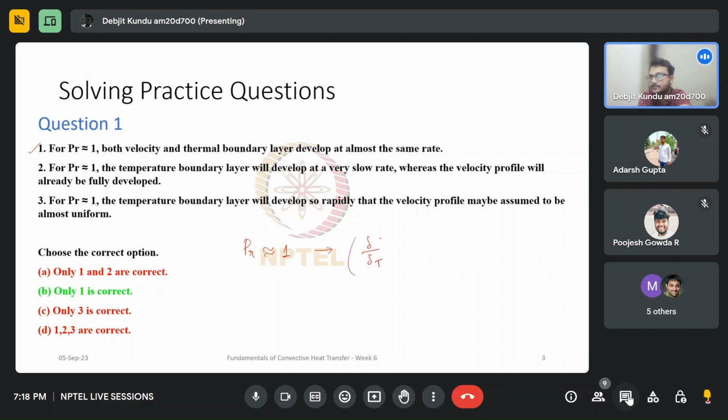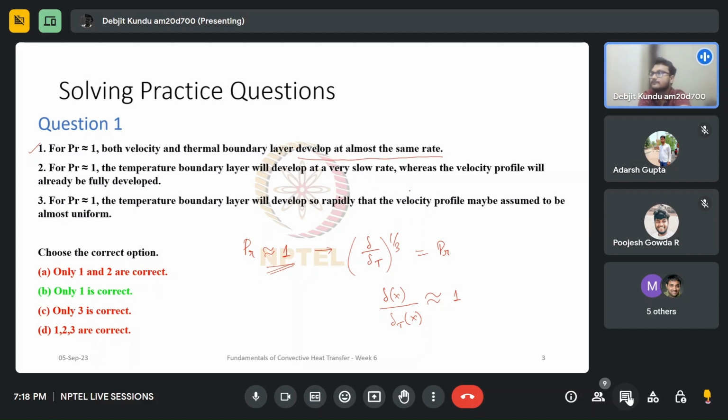So this to the power 1/3, I guess, is Prandtl number. Both are functions of x, mind you. So this being approximately 1 means this will also be approximately 1. So the thermal boundary layer as well as the hydrodynamic boundary layer will develop at almost the same rate. They will remain comparable to each other.